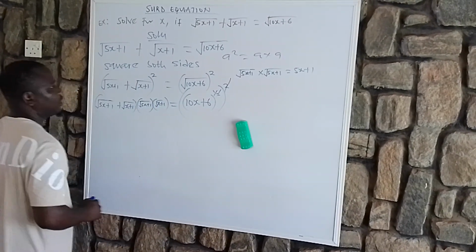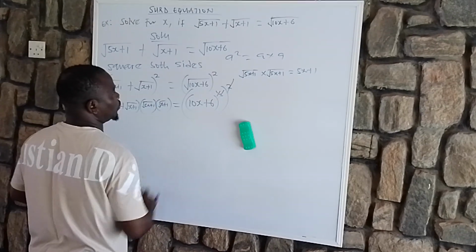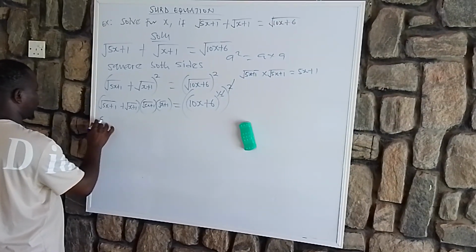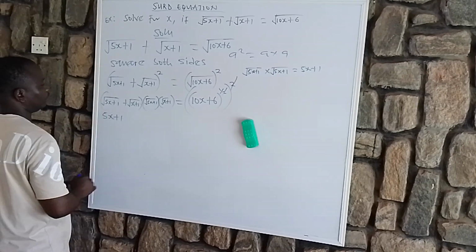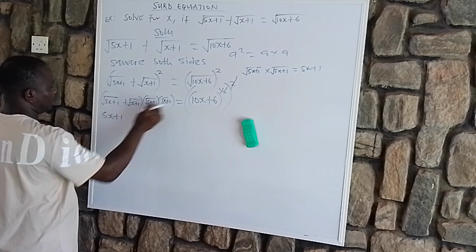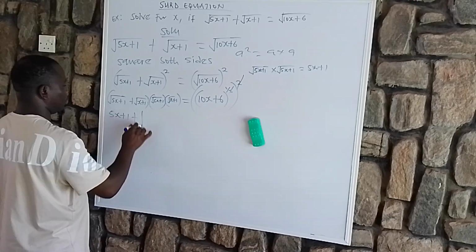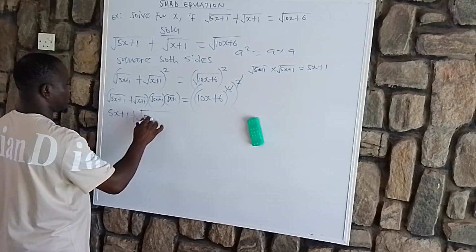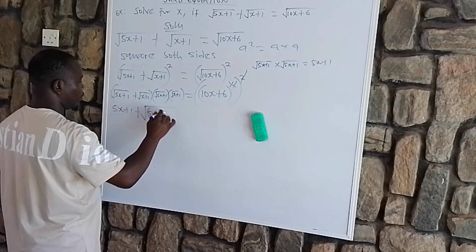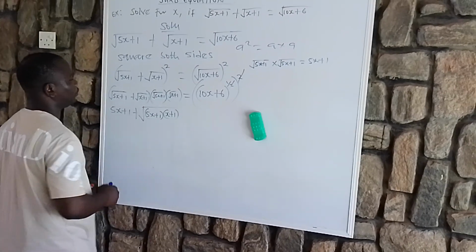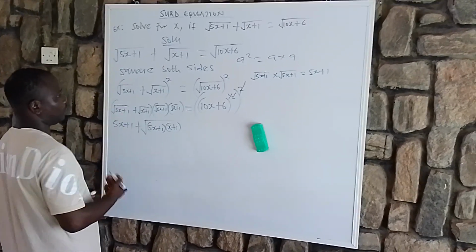So this one multiplied by this is going to give us 5x plus 1. Then this one multiplied by this is going to give us plus root of 5x plus 1 times root of x plus 1. Is that clear? This is what you are going to have.